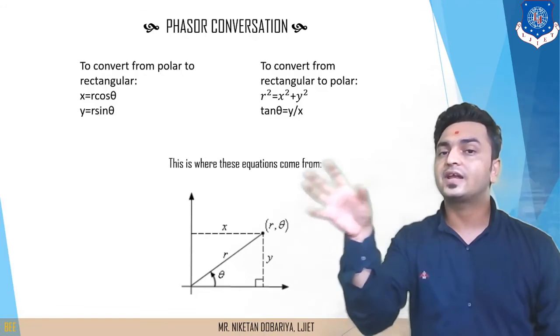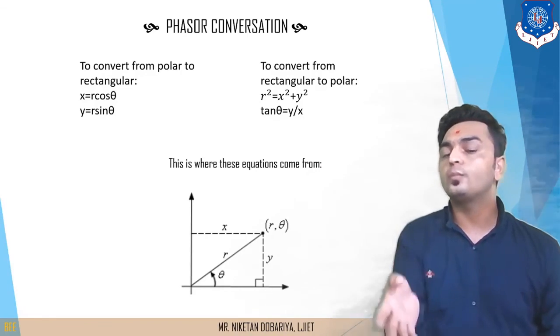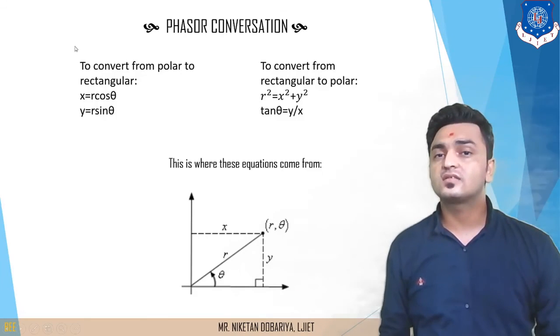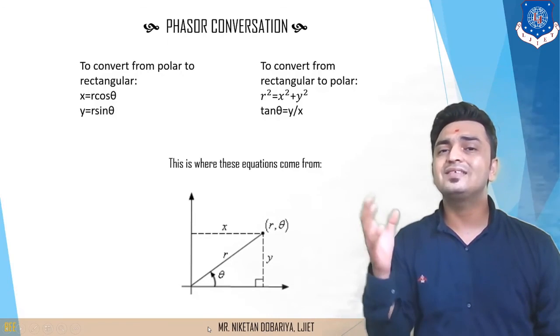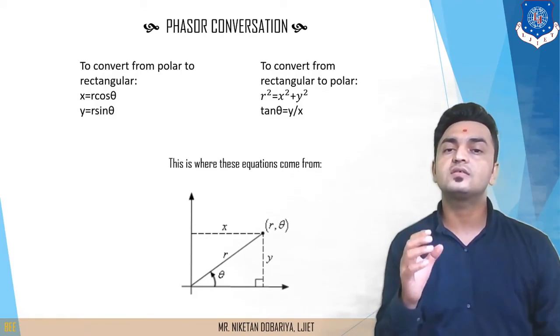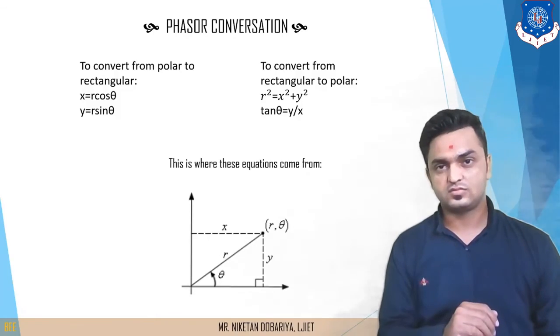In that case, if the rectangular form is given, then you will have to convert it into polar form. That's why this conversion is very important. So these were the basic things about phasor representation as well as phasor calculation.